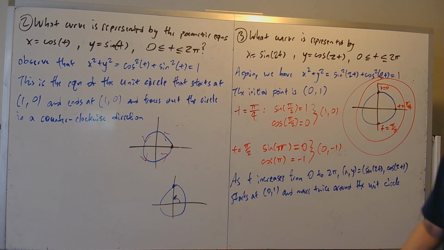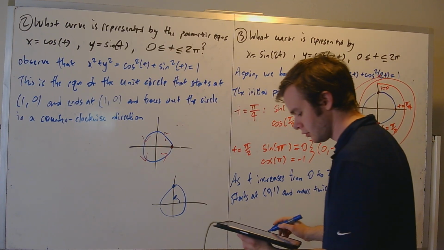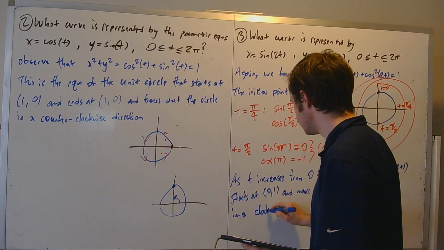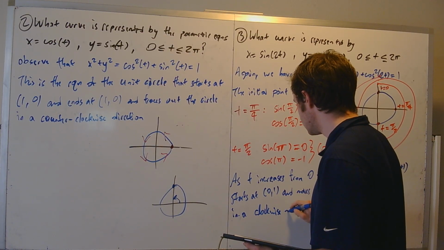And again, we look at the direction in which this is happening. Well, remember, this was actually clockwise because we started here and we started going this way, which is clockwise. So it moves around the unit circle in a clockwise direction.